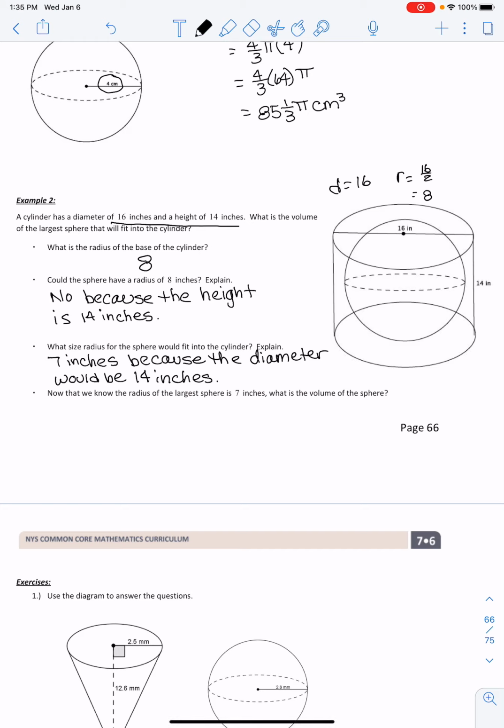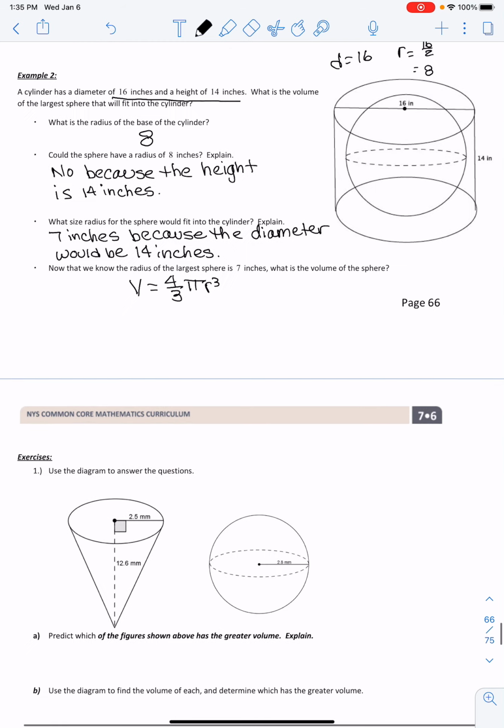It says now that we know the radius of the largest sphere is 7 inches, what is the volume of the sphere? Well, we start with our volume. So we've got volume equals 4/3 pi r cubed.